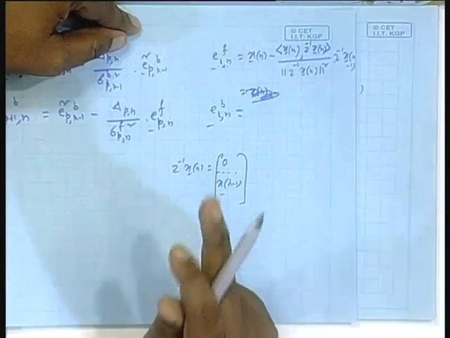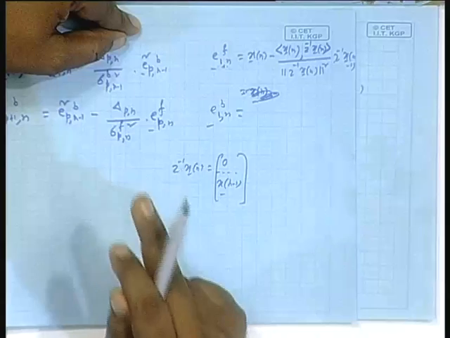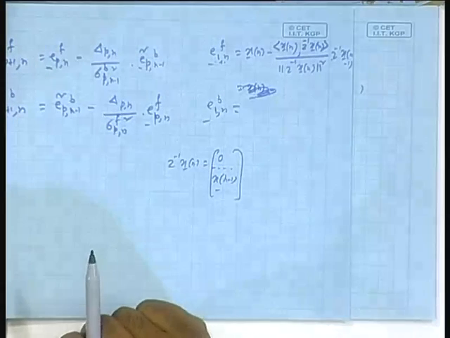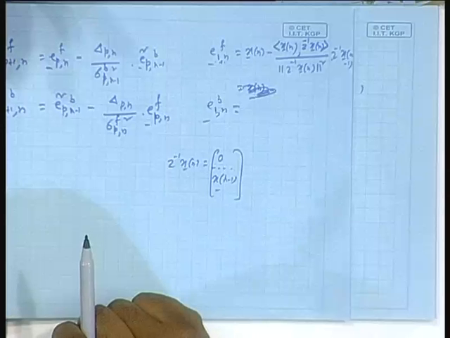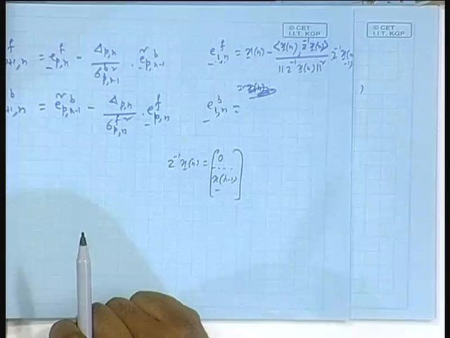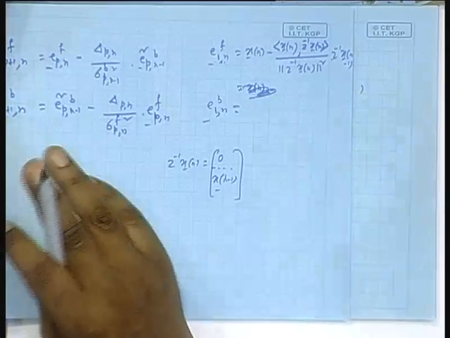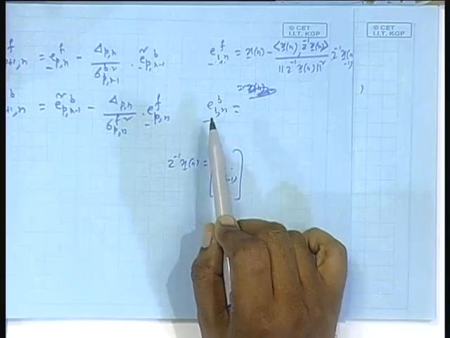So, z to the power minus 1 x n will be projected on the space spanned by just z to the power minus 0 x n, because p is 1, p minus 1 is 0. Is that difficult? The space is spanned by only z to the power minus 0 x n, that is x n itself, whom I am projecting z to the power minus p x n, p is 1.